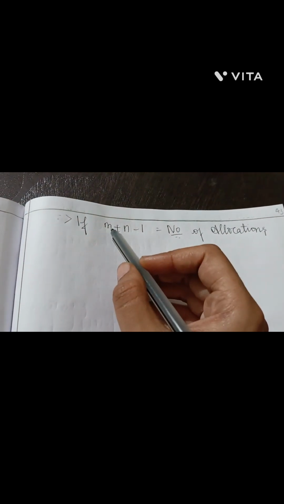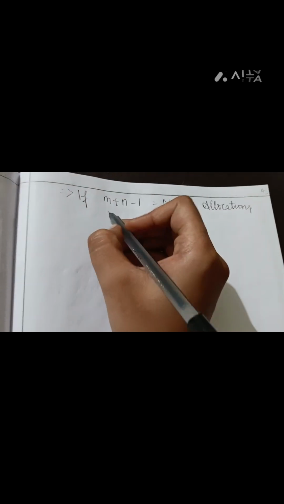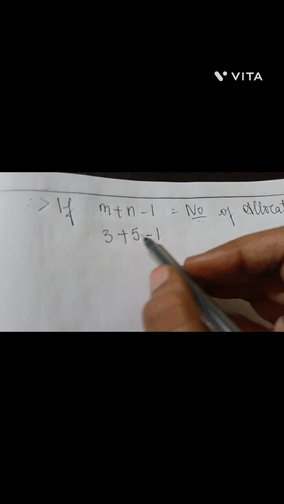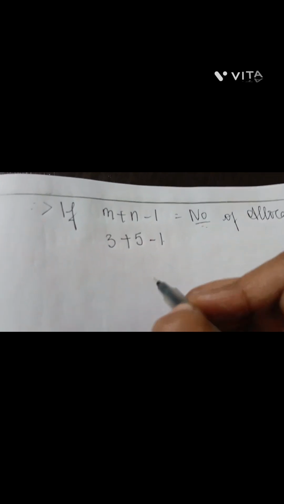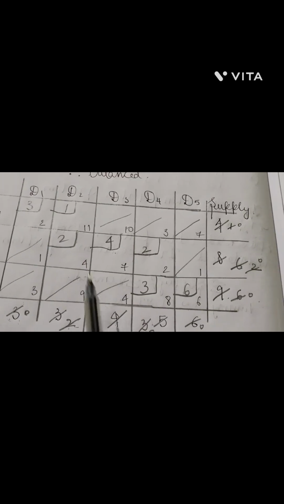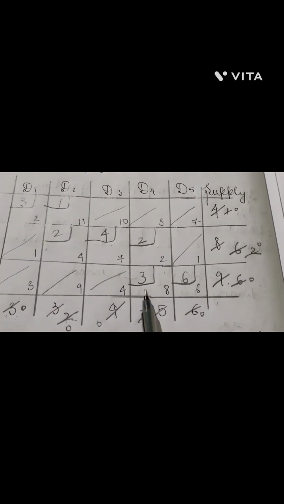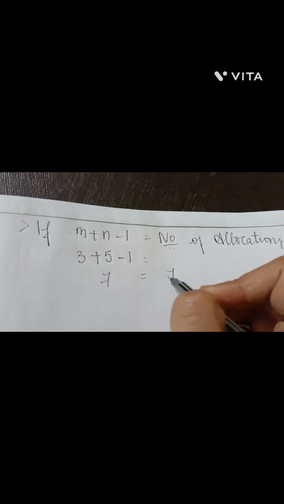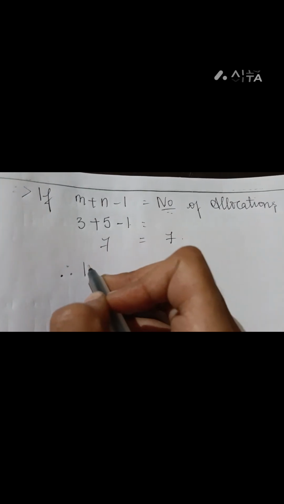So here the m is the number of sources, that is we have three sources here, that will be 3, plus n is the number of destinations that we have, that is 5 destinations. 5 minus 1, so 3 plus 5 minus 1 is 7, and the number of allocations that were made in the problem is 1 2 3 4 5 6 and 7. So m plus n minus 1 is equal to the number of allocations, and hence it is non-degenerate.